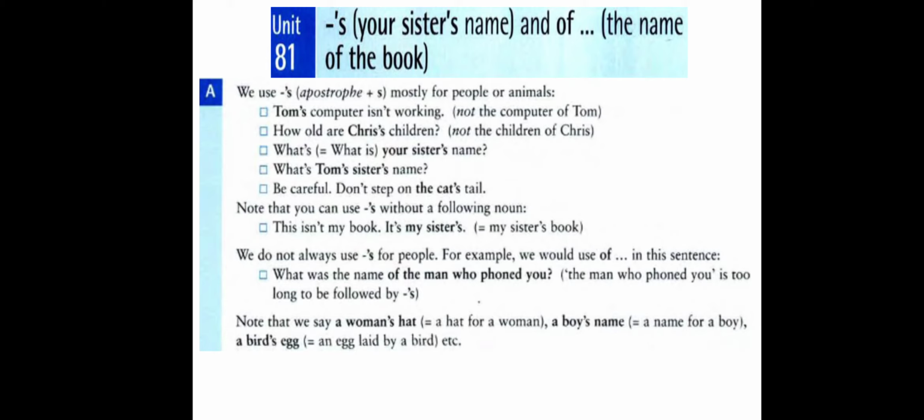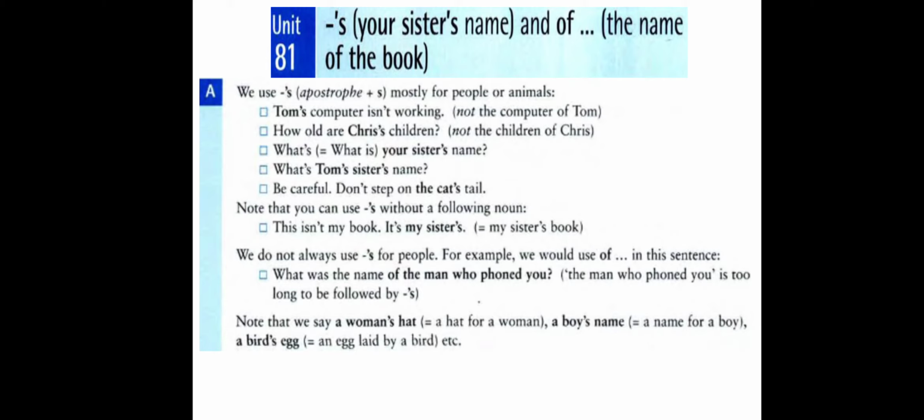We don't always use apostrophe plus S for people. For example, we would use of in this sentence. What was the name of the man who found you? Here, when the person's name is too long, followed by a phrase or a clause to identify or modify it, it is difficult to use apostrophe plus S. That's why here we replace it by of.